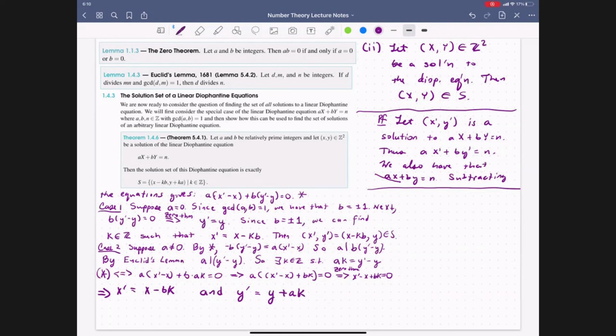And as a consequence, we are done, since now (x', y') are in S, since that's exactly what we wanted to show. x' is equal to x - kb, and y' is equal to y + ka. And so this finishes off this argument. And so we are done, and now we exactly know what is the solution set to any linear Diophantine equation.